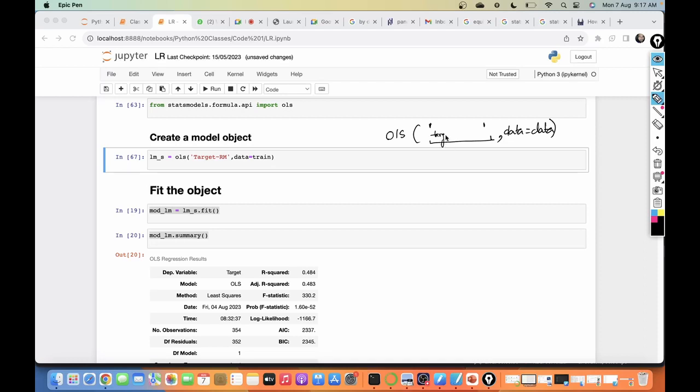What is the target value? The symbol, and then the independent value. For example, right now I have only RM as an independent value.